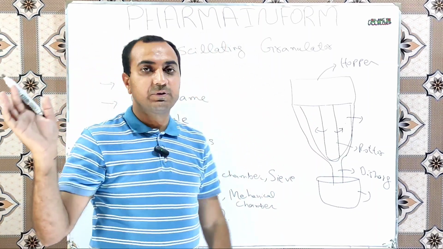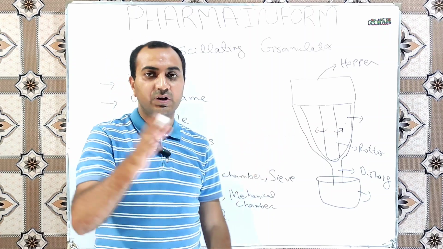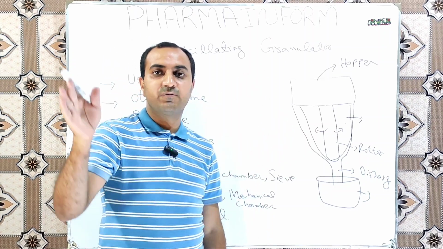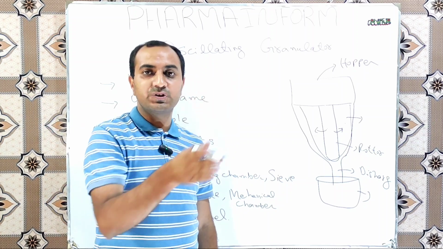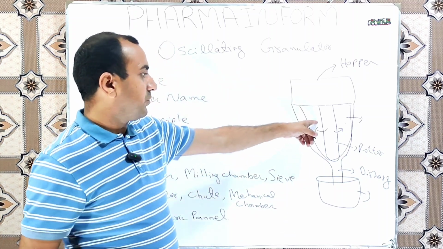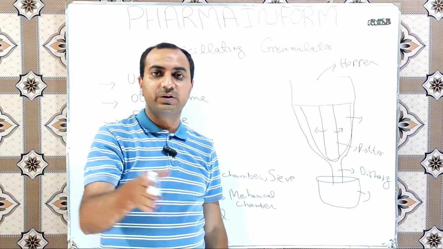It works on the principle of oscillation. Meaning, the rotor rotates to and fro around its axis. It is a continuous motion. The movement of the rotor or arm of the oscillating granulator is in this pattern.